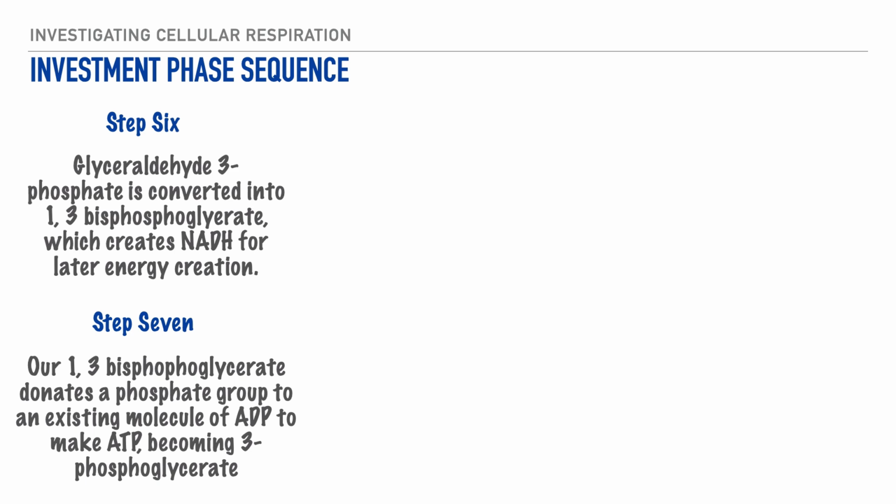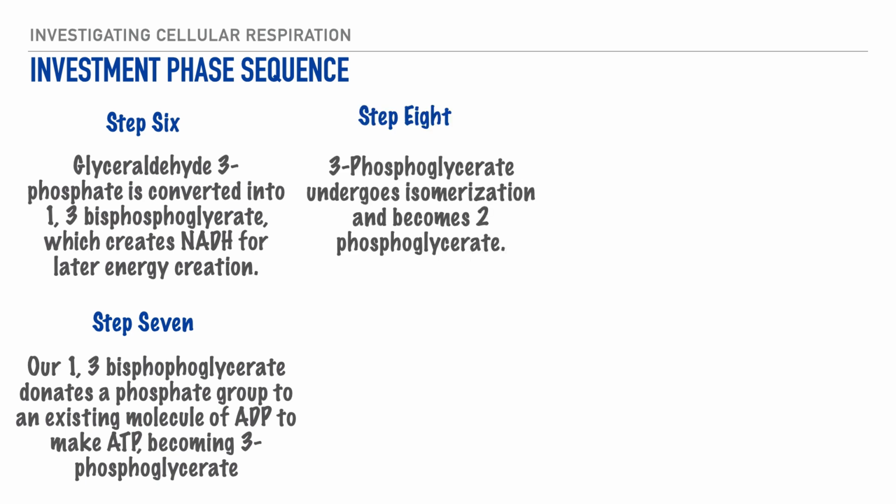Next, we have our 1,3-bisphosphoglycerate molecule that donated a phosphate group to an existing molecule of ADP, making ATP and becoming 3-phosphoglycerate.